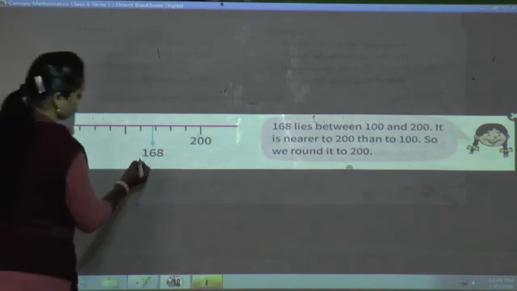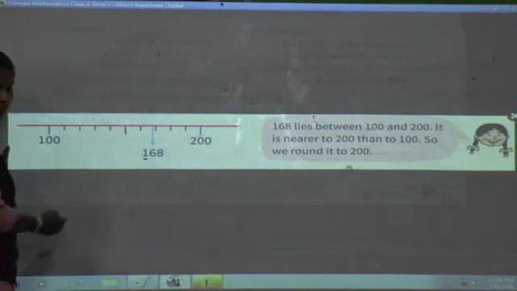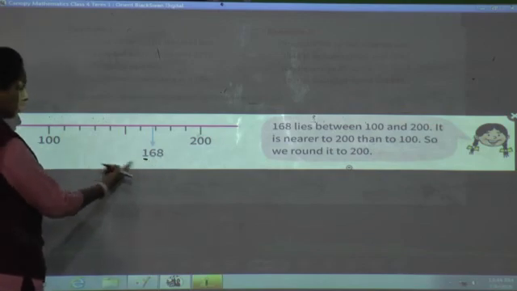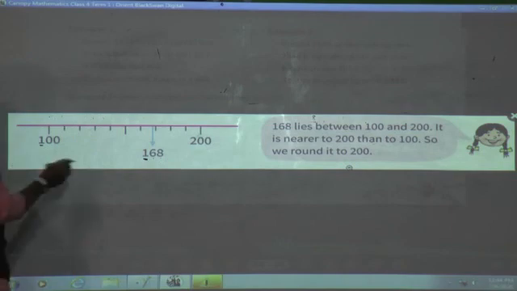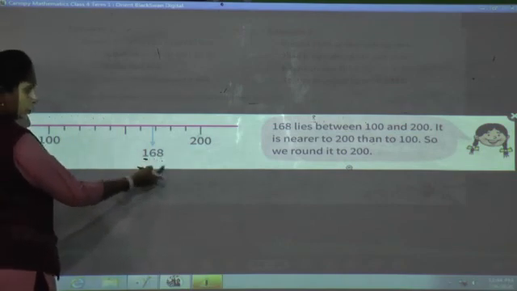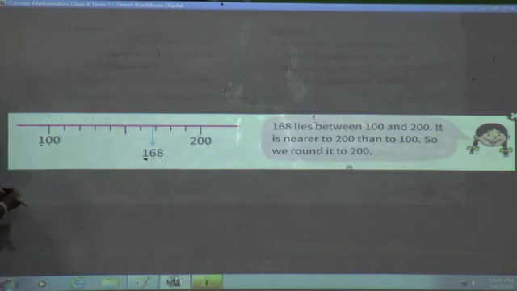We are solving this question to the nearest 100. So just underline the hundreds place. 1 stands at the hundreds place, so I have written 1 as it is. How many digits are remaining? 2. So I have written 00.